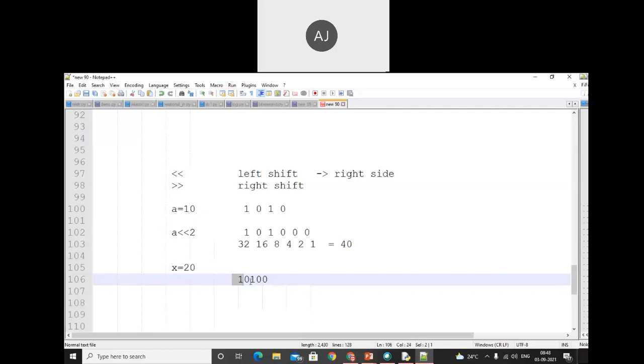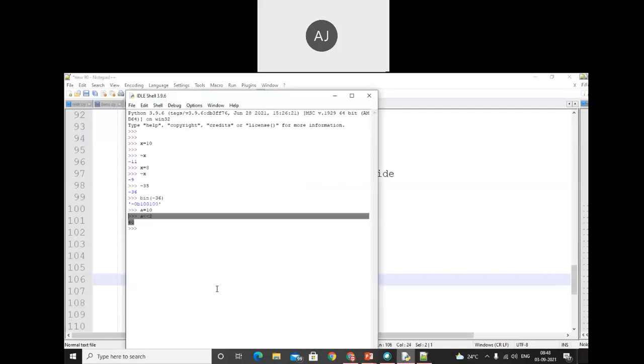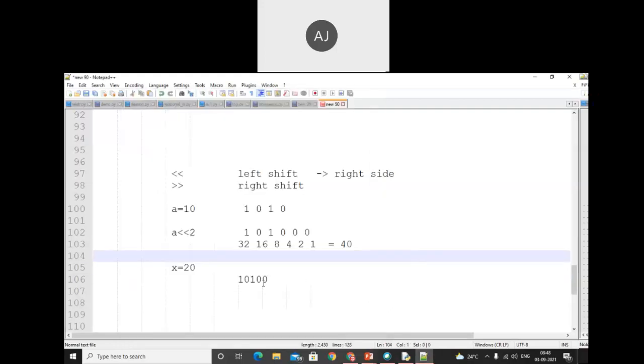So 16 plus 4 is 20. If you don't remember, just go here and calculate the binary of 20. So we get the value; remove that extra 0 as well. It should come to 10100. So the appropriate binary is 10100. Now just add 2 bits to it.